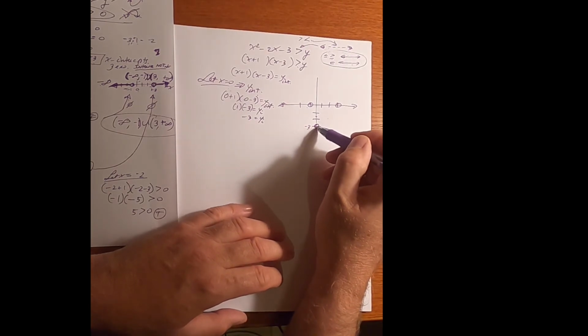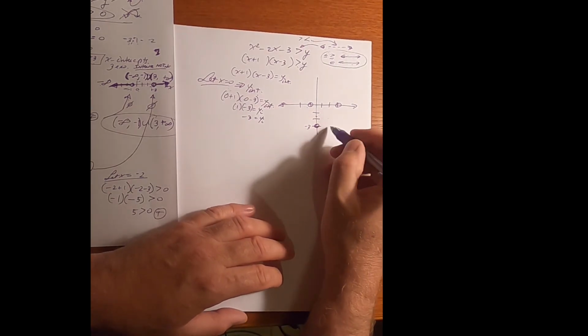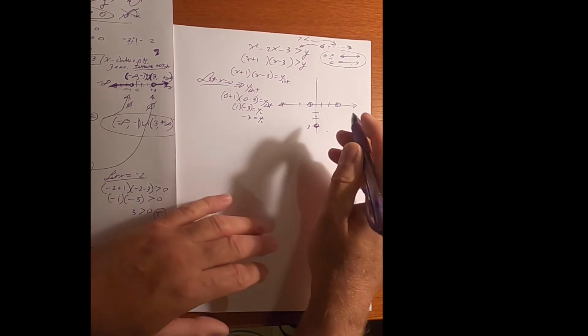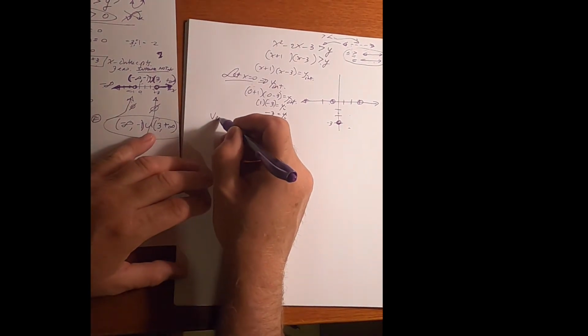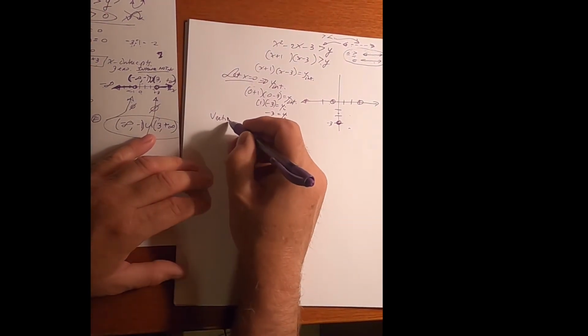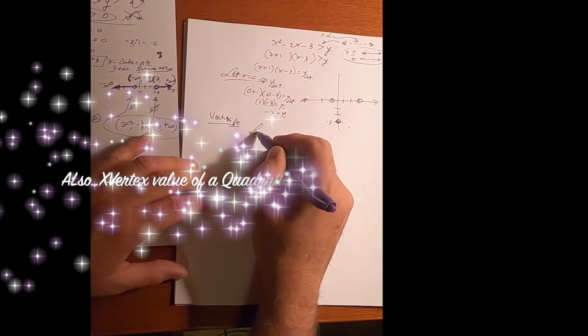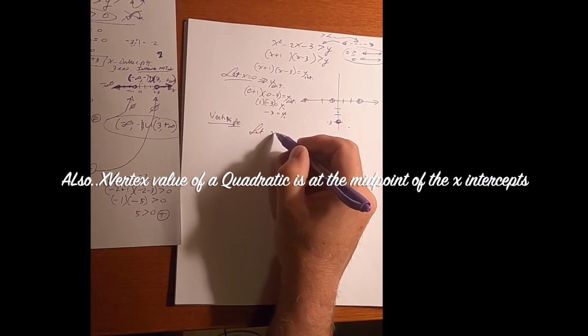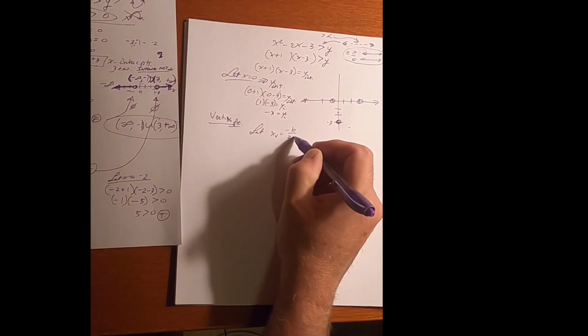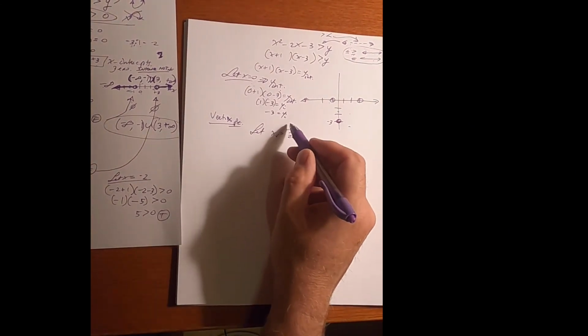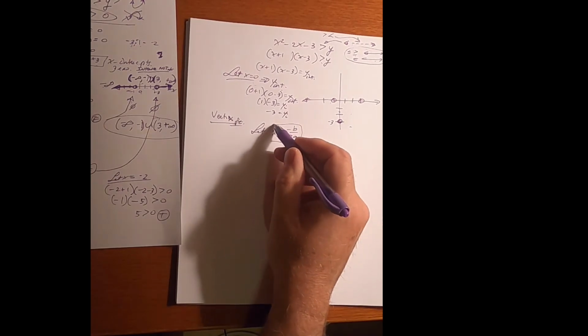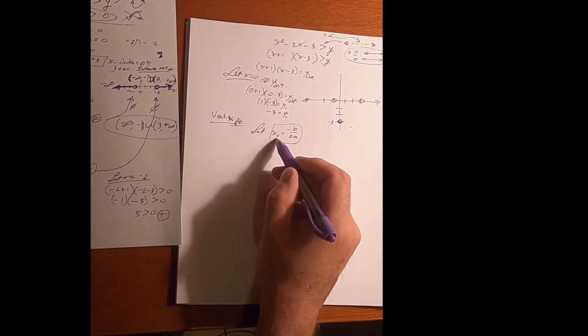I got this thing. Now, you can find out its vertex. The vertex point is found by letting what? You say x vertex equals minus b over 2a. That's your old formula, that's your go-to formula for finding the x vertex point.